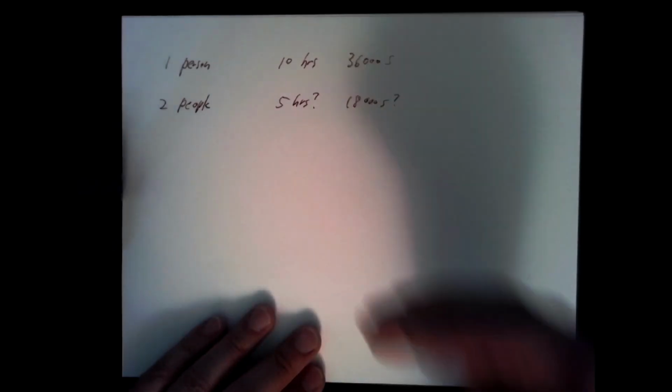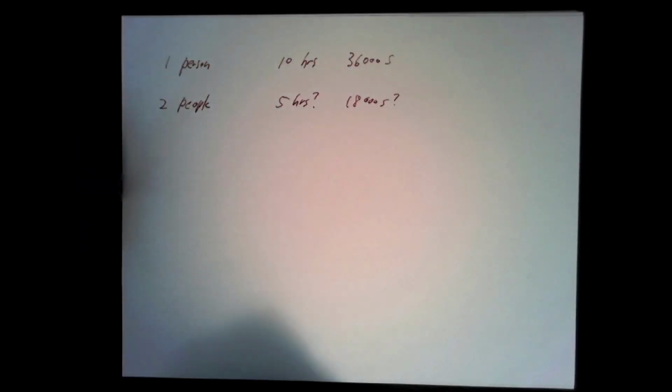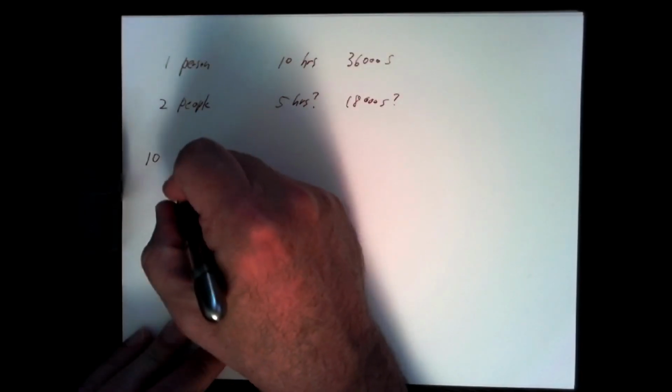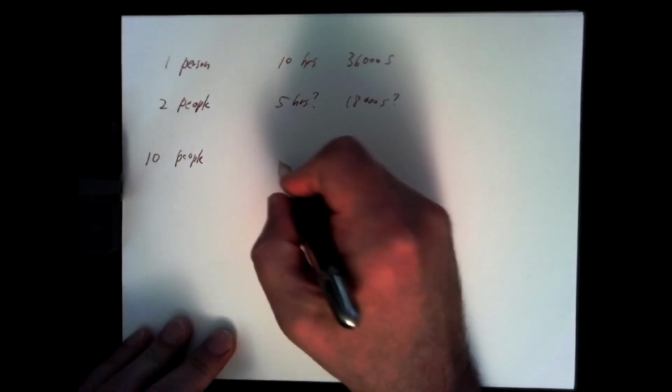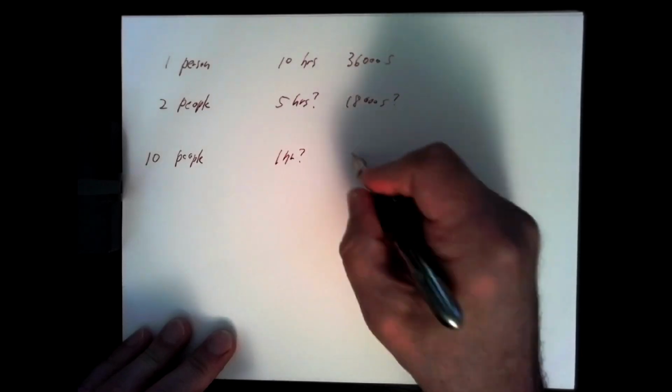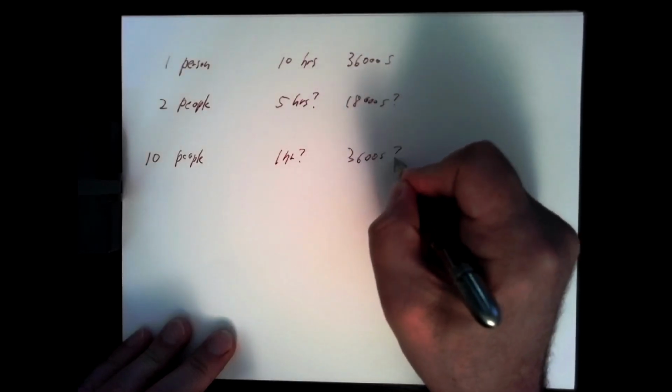I could work on these two walls and my friend could work on those two walls, and we don't really get in each other's way. And maybe we goof off some, or we stop and talk, so there might be a bit of a performance hit, but doubling the speed of the task kind of makes sense. But then if we get 10 people, can we paint the room in 1 hour or 3,600 seconds?